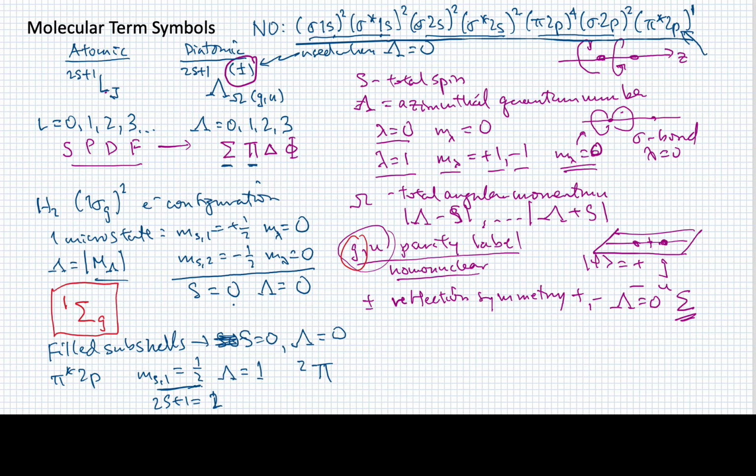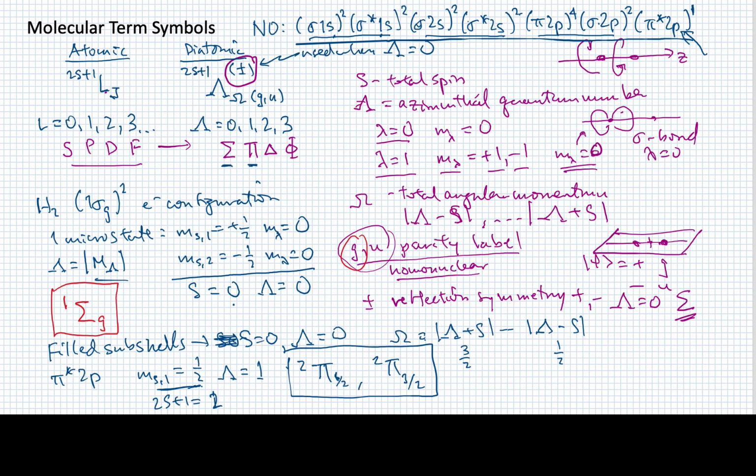And then if I were to calculate the omega value, omega is going to range from lambda plus s to lambda minus s. So in this case it would be 3 halves, and in this case it would be 1 half. So I'm going to have two term symbols that look like this for my NO molecule.